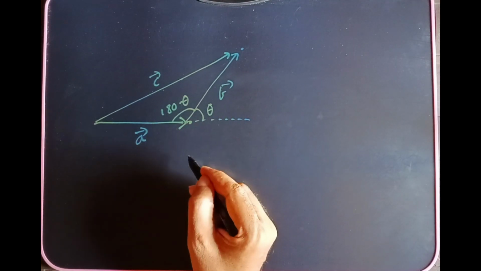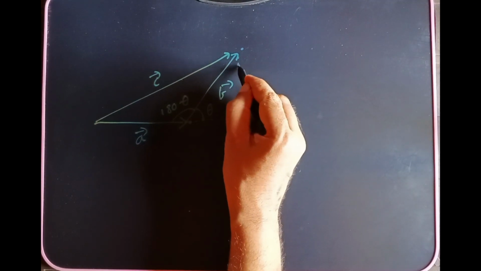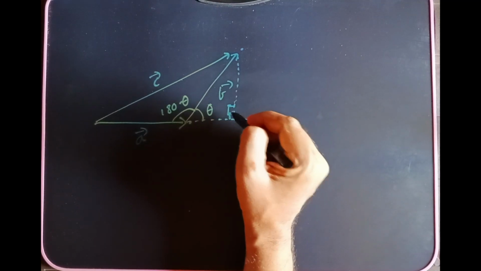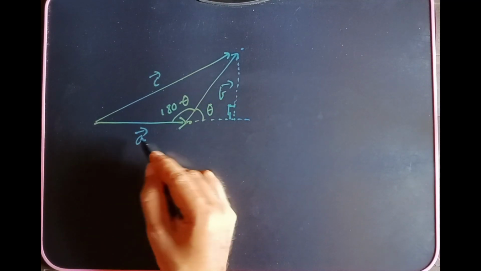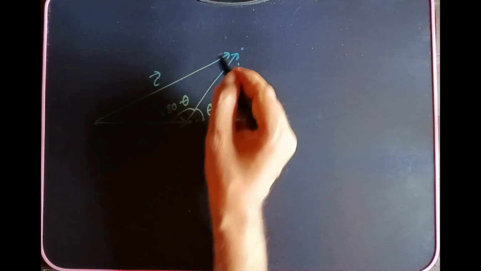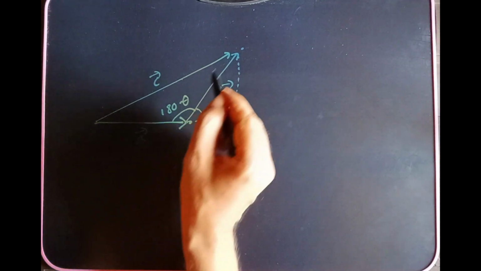Based on this triangle, I draw a perpendicular here. Now I draw the parallelogram.